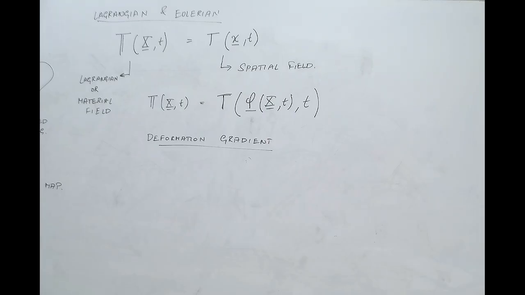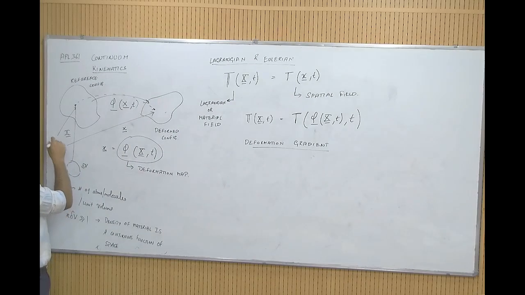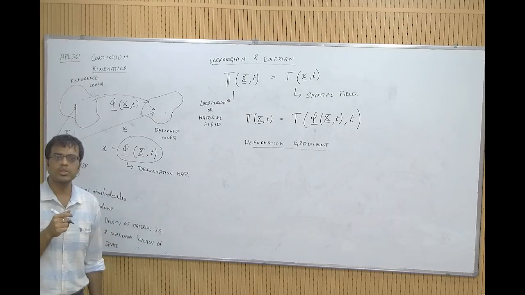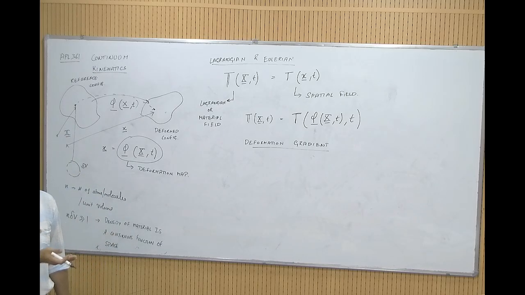Here, I have not started small x and capital X from the same location. These are different locations. So the coordinate axes that I'm using for the spatial location small x and the material location capital X could be different.